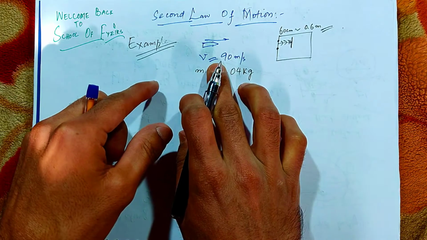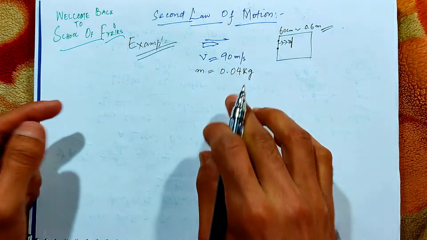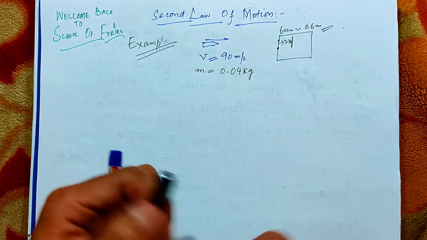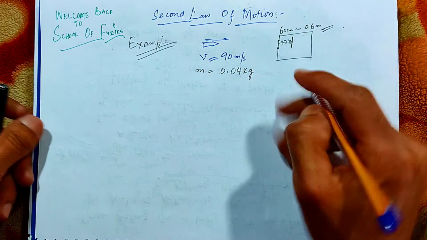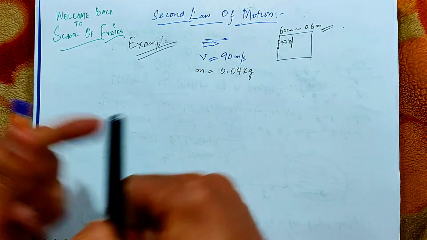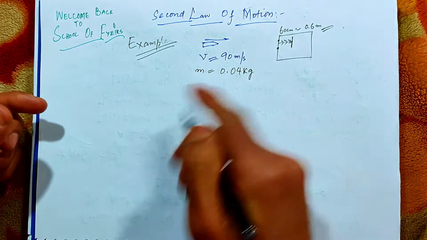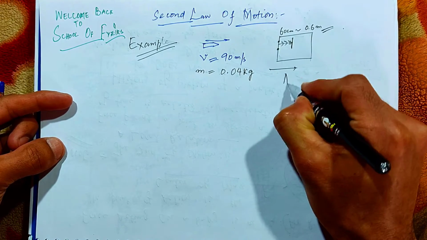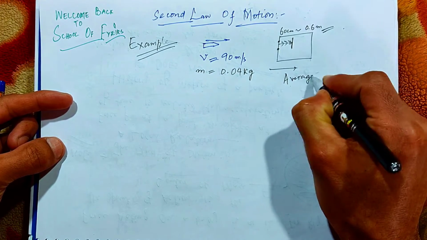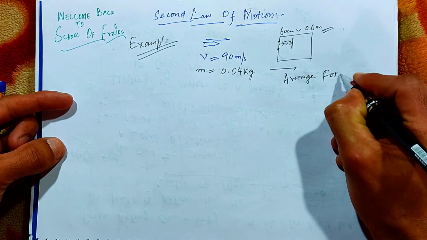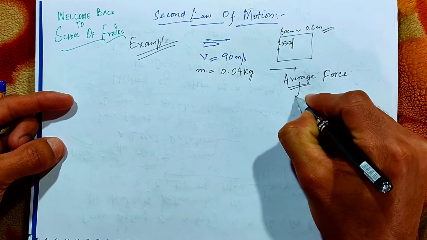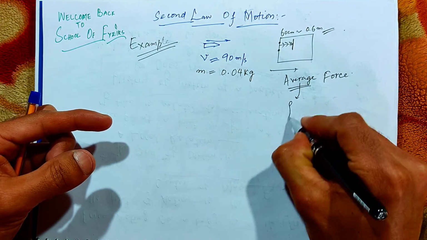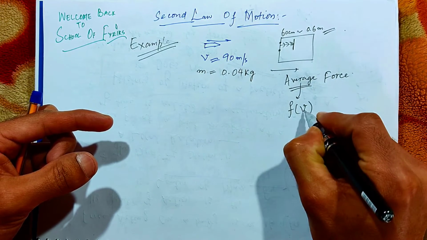Ultimately the initial velocity, keep that in mind, was 90 meters per second. Now the final velocity. First of all, the question asks what the average force applied onto this block will be. Keep in mind I'm calculating the average force, because otherwise the force applied here would also be a function of velocity.